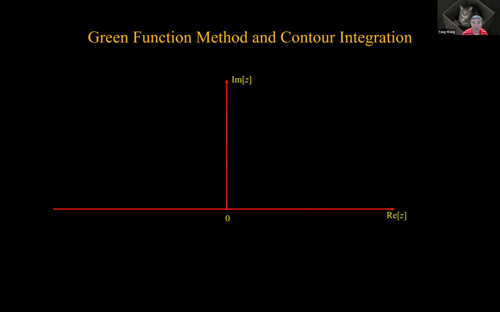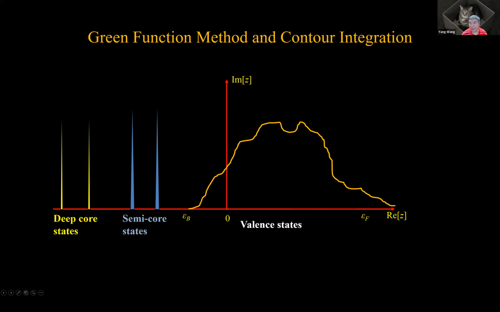Put this in such a consideration: look at the energy complex plane. There's a real part axis and an imaginary part axis, right? If you consider that, the valence states will be from the bottom of the valence band up to further positive energy.